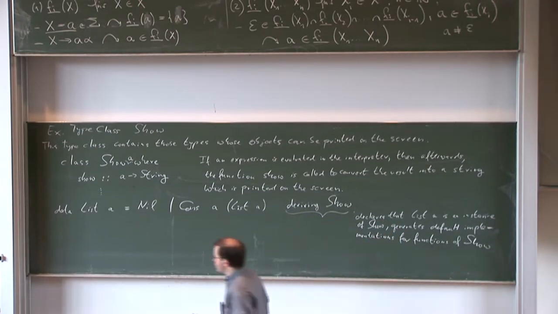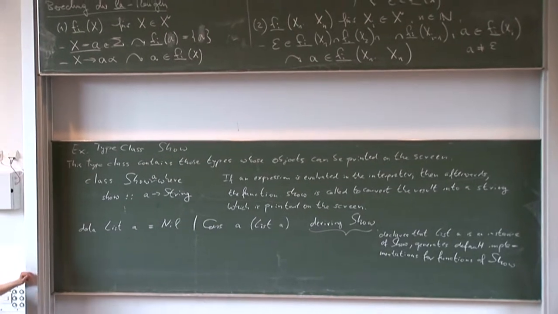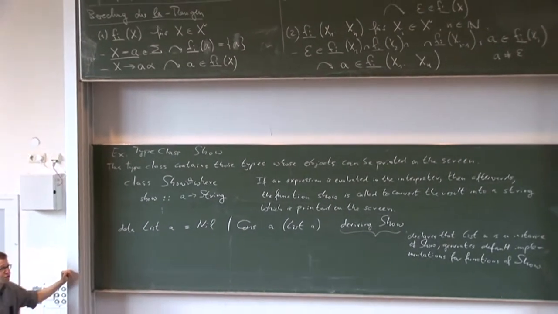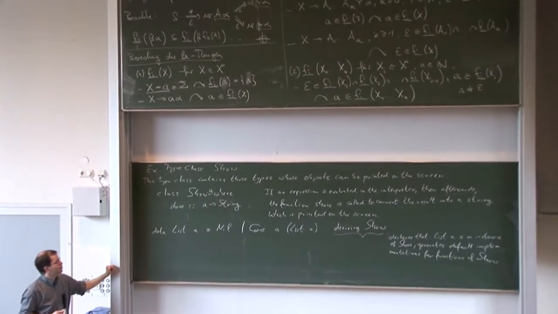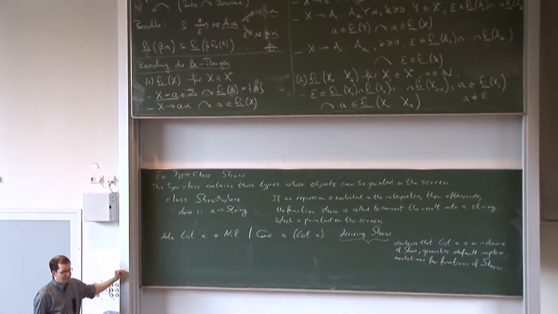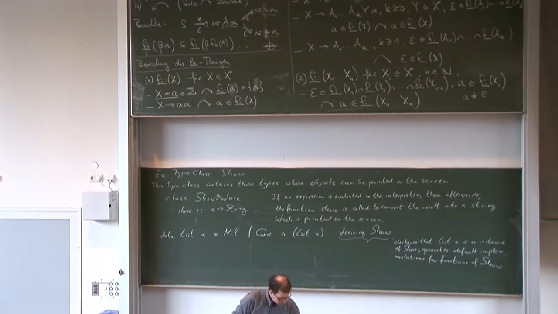But if you want to influence how lists are printed on the screen, maybe you want to print them in a different way, then you can define this show function yourself, and you can declare that list A should be a member of type class show and say how lists in fact should be printed on the screen. So the alternative would be to do it like this.